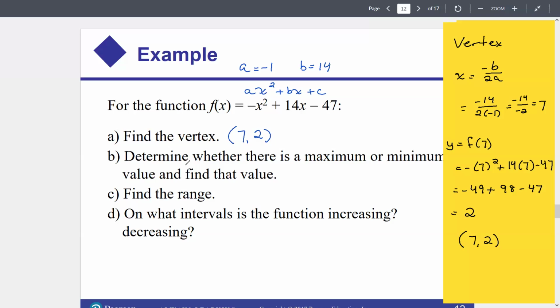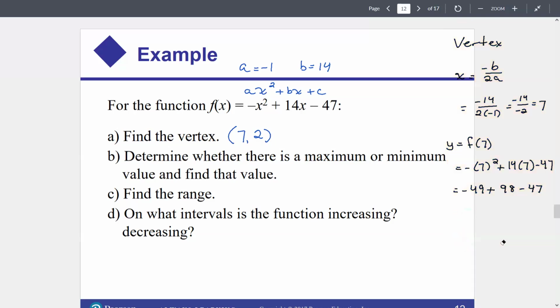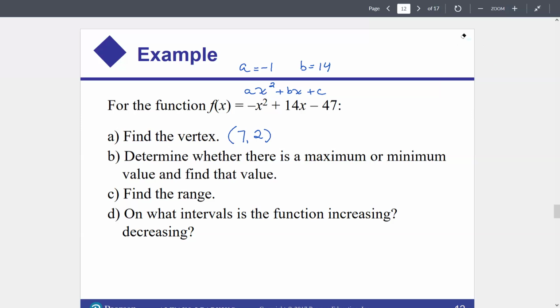All right, so the next part is we want to determine whether this is a minimum or a maximum value. I'm going to make myself some space over here again to address the next question. So for B, like I said, we're really focused on A. So A, we said, was a negative 1. A is negative.